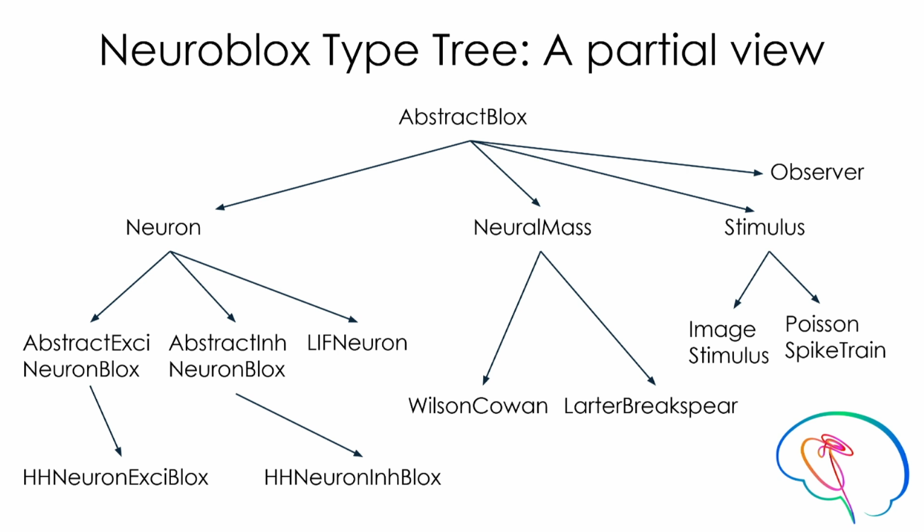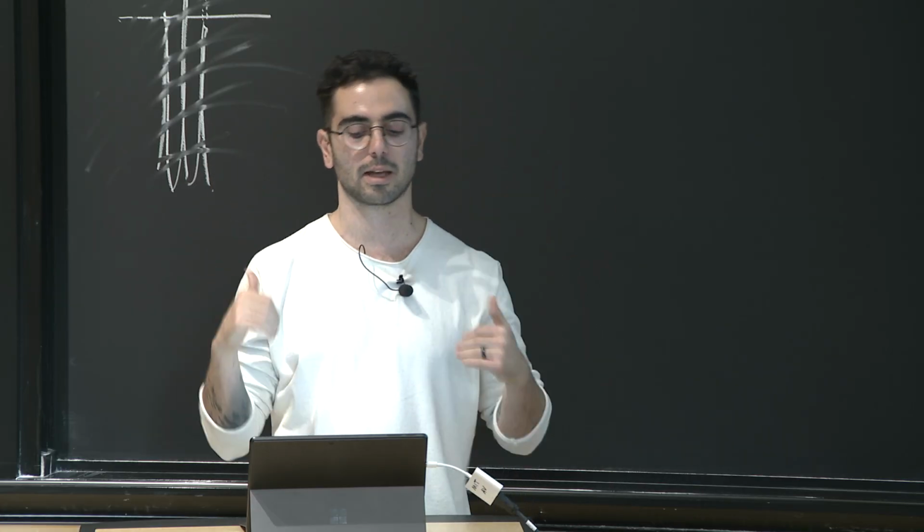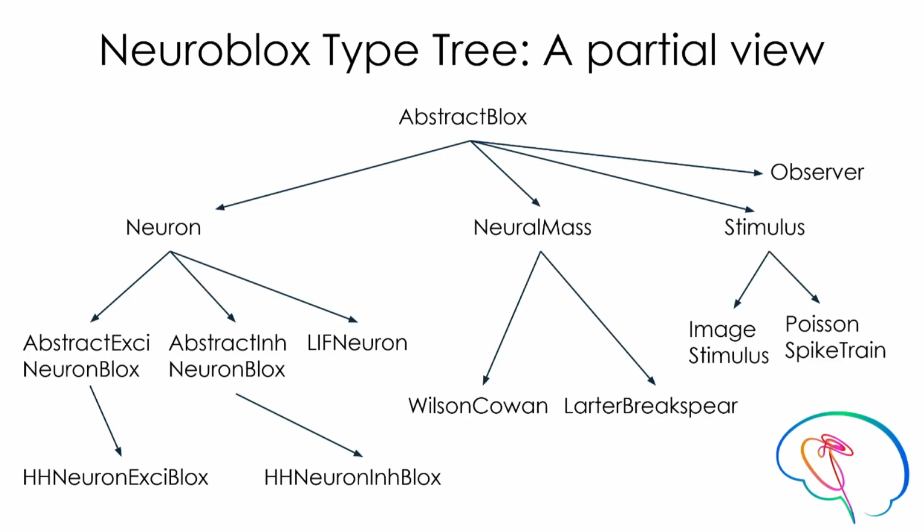So this is a partial view of the type tree that we have in NeuroBlox. Above all, the most general type that we have is called AbstractBlock, and every other block is a subtype of this. And here I'm showing you four main categories that are subtypes of AbstractBlock: neurons, neural masses, stimuli, and observer blocks.